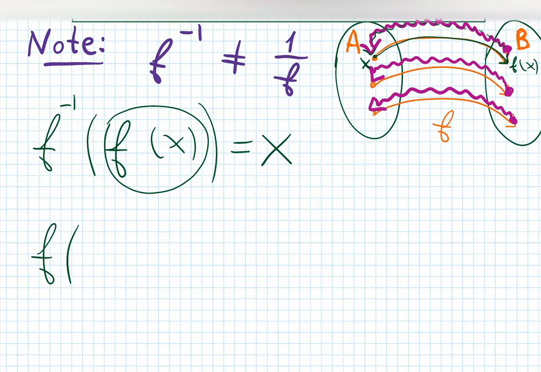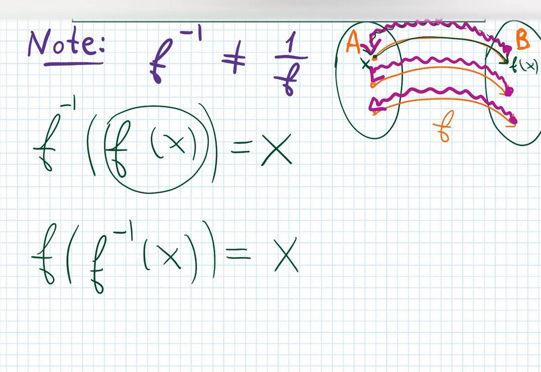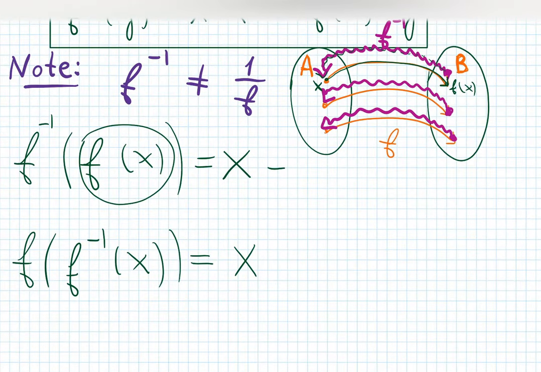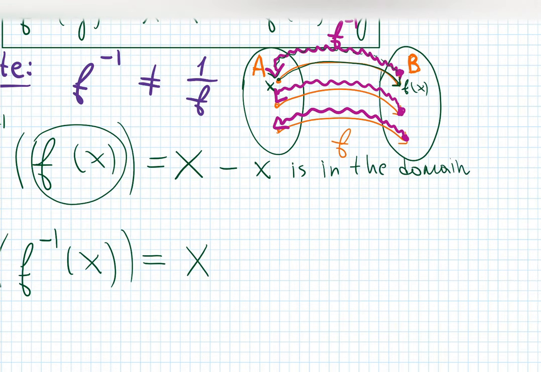Same idea: if you do f and apply it to the inverse with x, the result will be x as well. The difference is what my x is. In the first case, x is in the domain of the normal function, which is f.